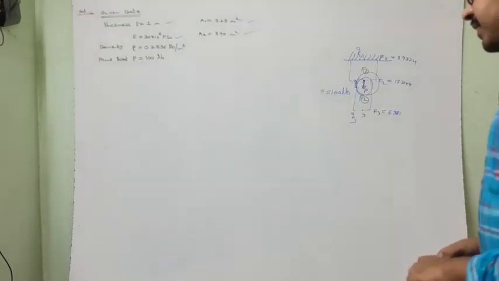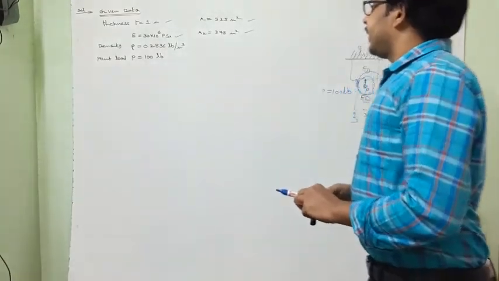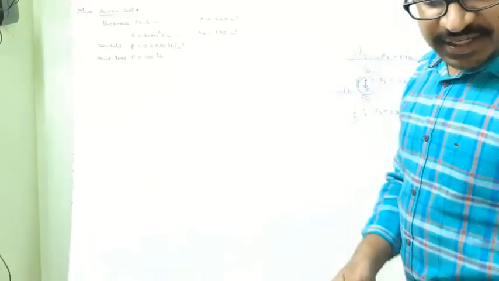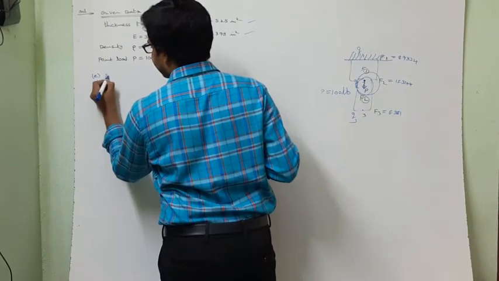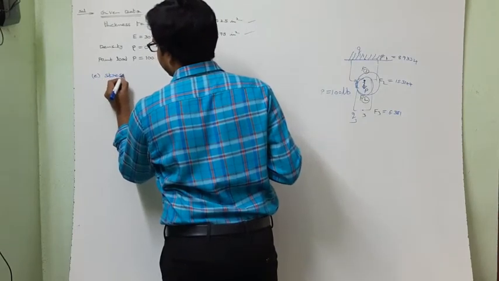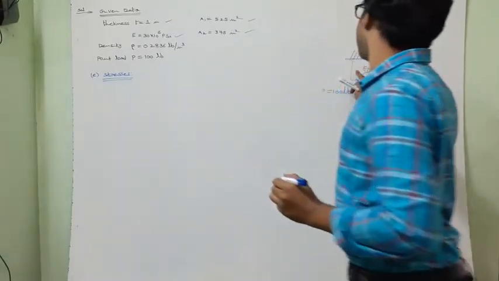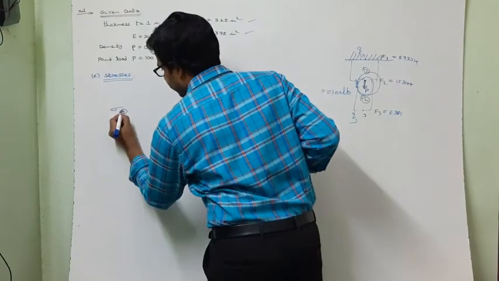So the displacement units in terms of inches. So next one, evaluate the stresses in each element. So here how many number of elements is there? 2 elements.